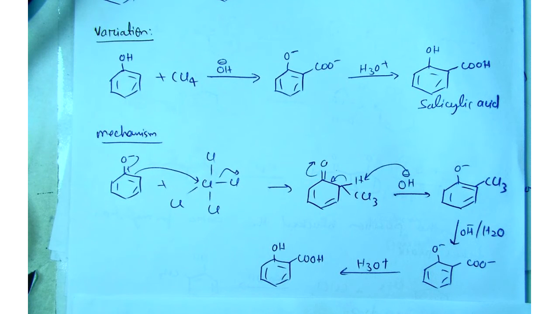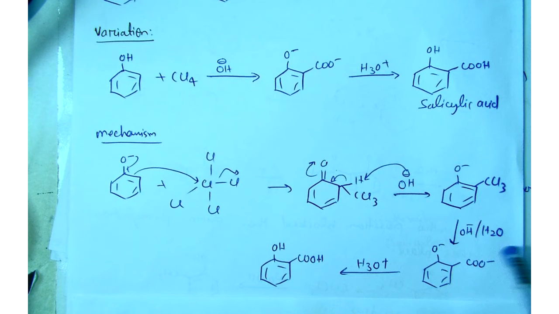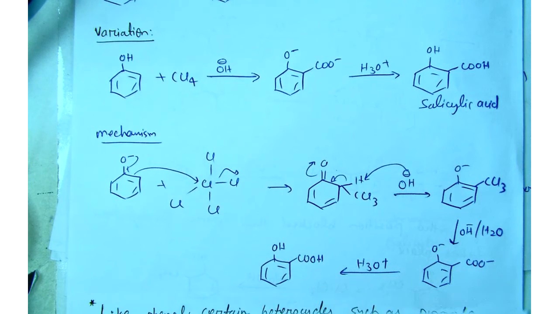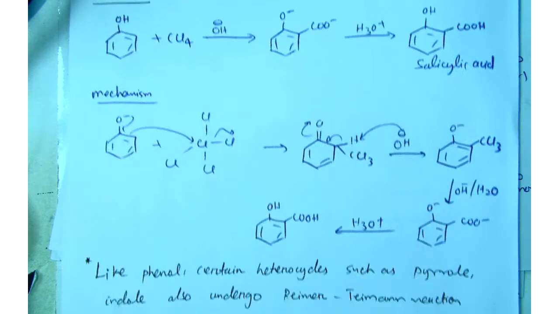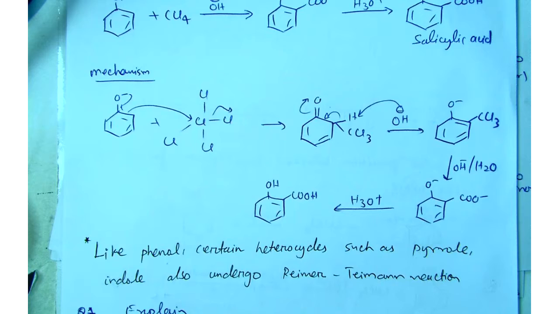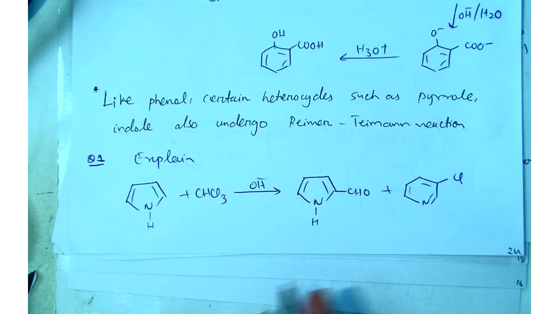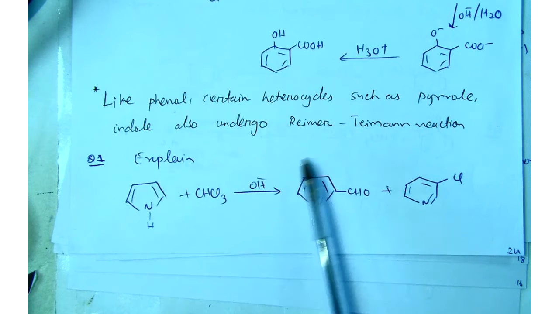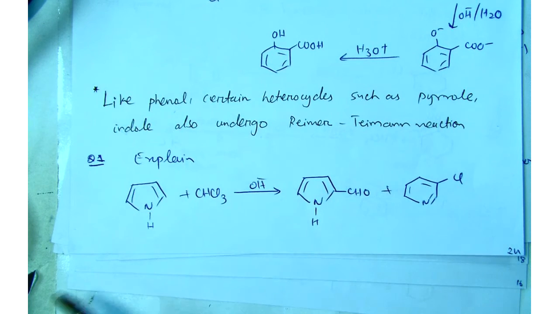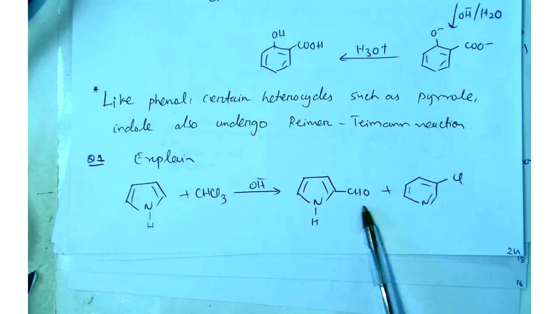So with CCl4 you get this. This is an additional thing: other aromatic compounds like pyrrole can also give the same type of reaction in a similar way. So it's fine, we'll solve this question.